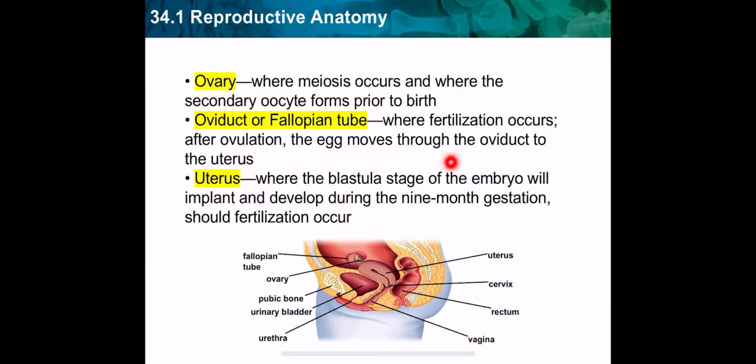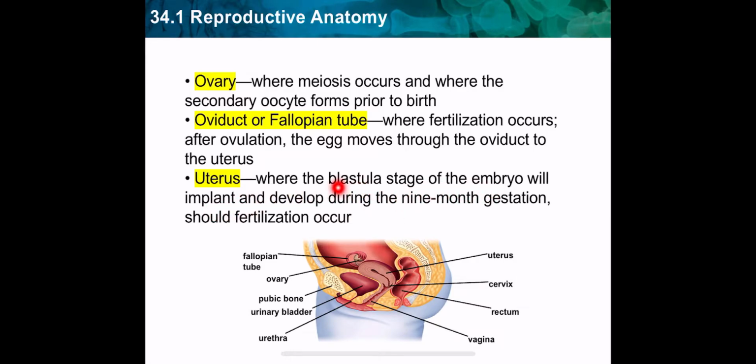The egg moves through the oviduct to the uterus. After fertilization, the zygote will be planted in the uterus. Uterus, what's the meaning of uterus? The uterus is where the blastula stage of the embryo will implant.